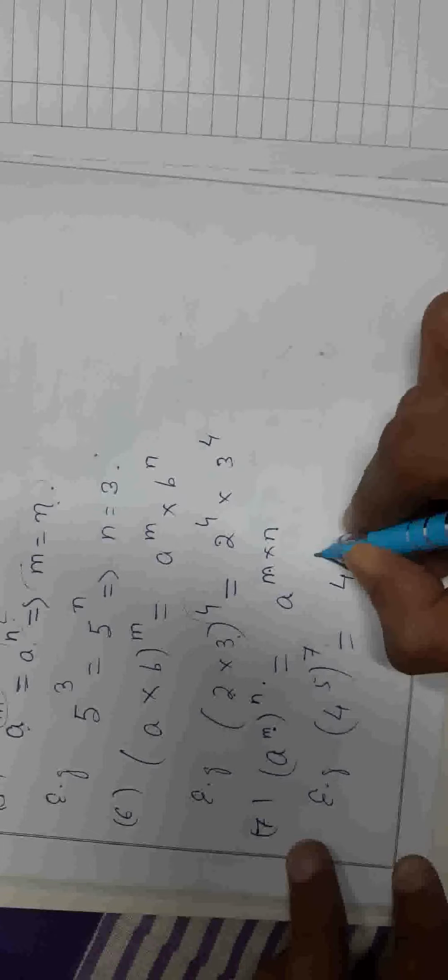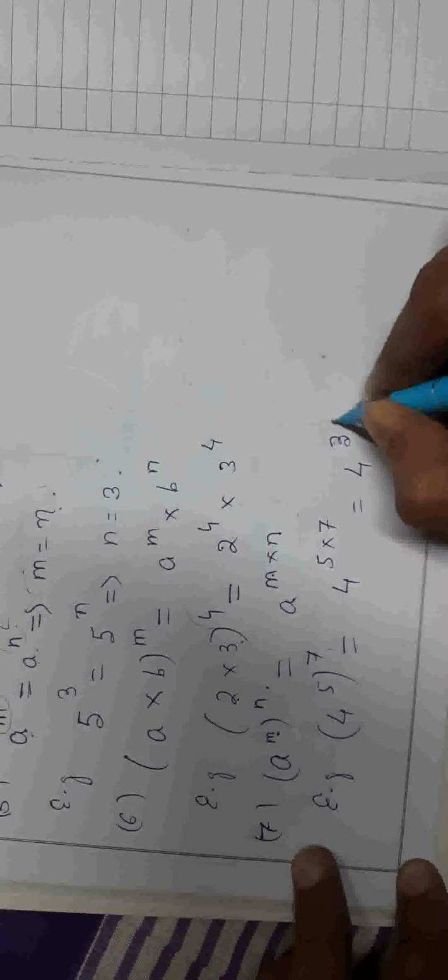Example: 4 to the power 5 whole to the power 7 is equal to 4 to the power 5 into 7, equal to 4 to the power 35, which is the required answer. That is law number 7.